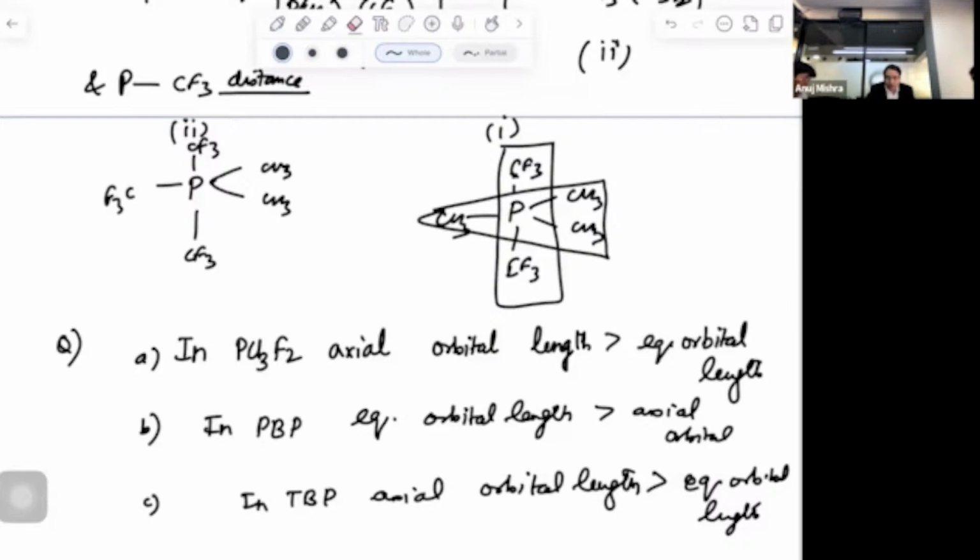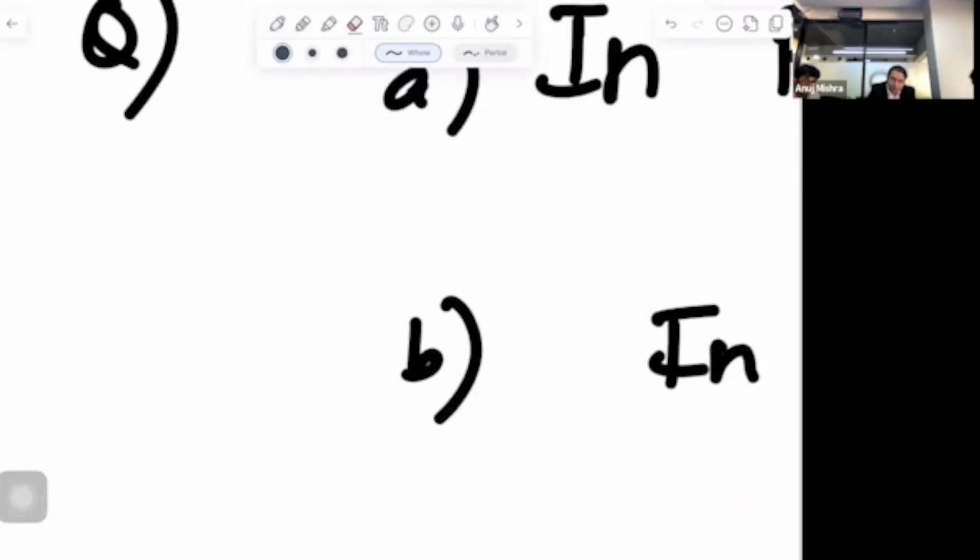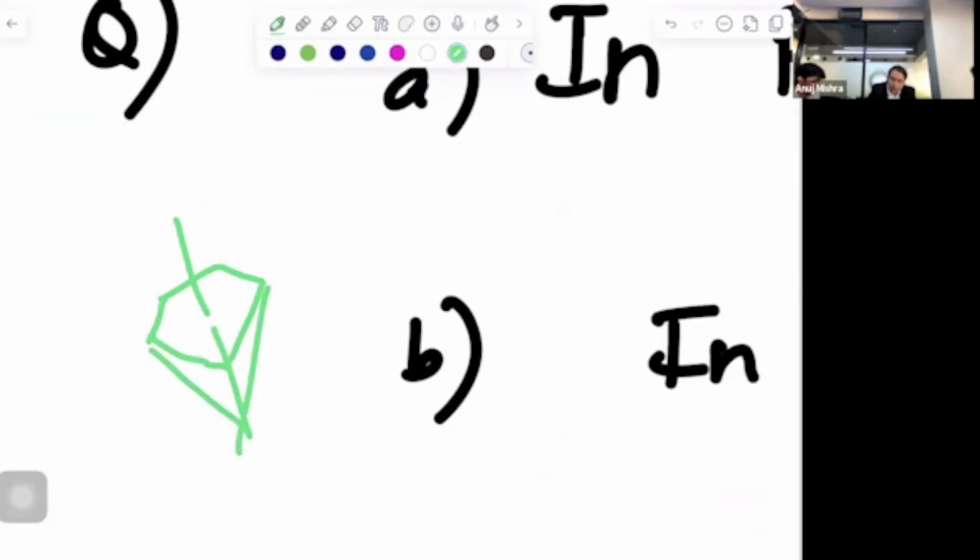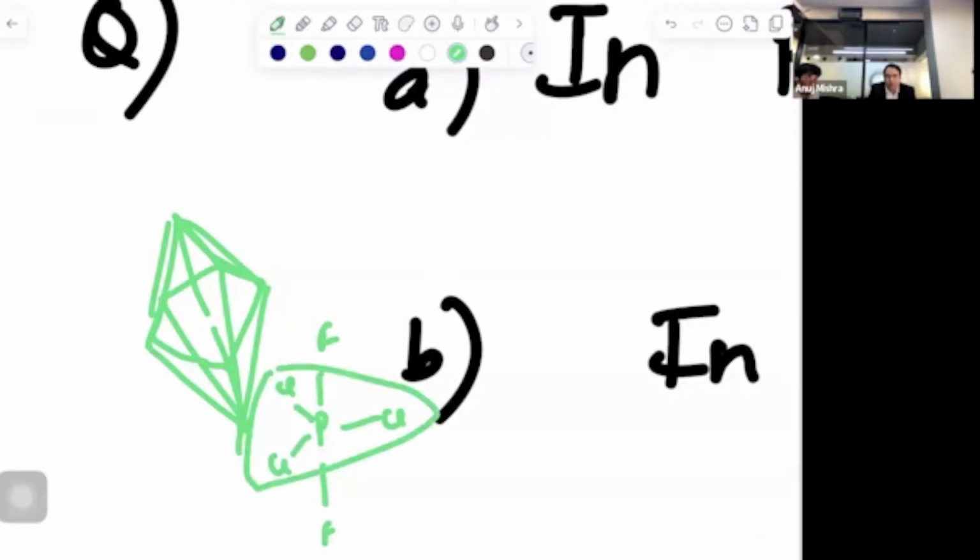PCl3F2 is not pentagonal bipyramidal. This is trigonal bipyramid. Correct. The next question is not PCl3F2. Next question is a general pentagonal bipyramidal.